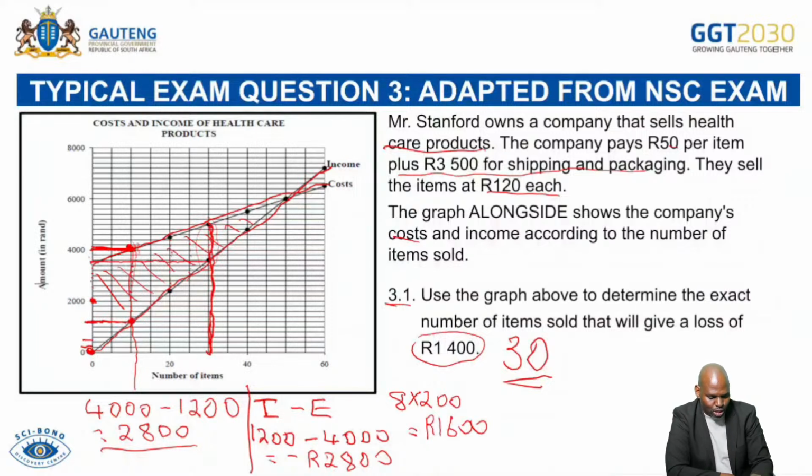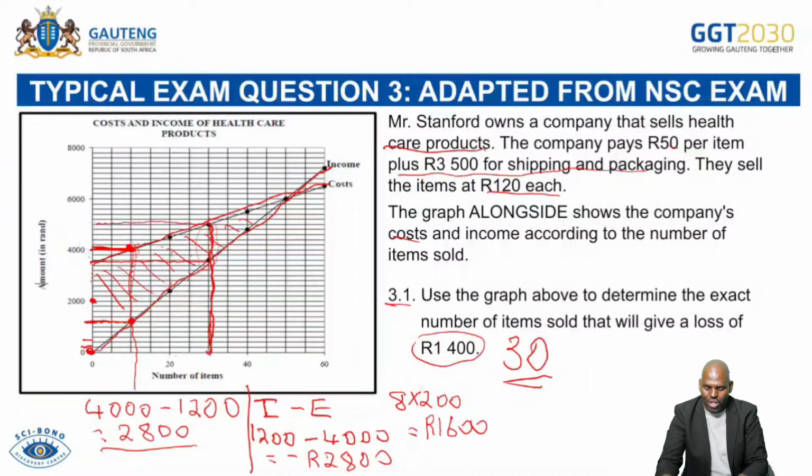That is the income. But now the expenses will be how much? At this point, this one is at 30, so I'm going to have 1, 2, 3, 4, 5. So this will give me exactly 5,000.